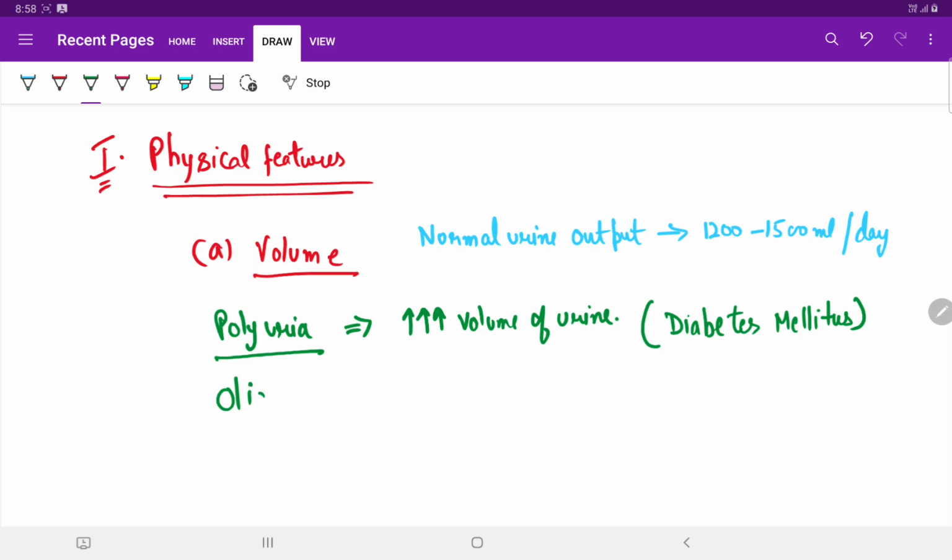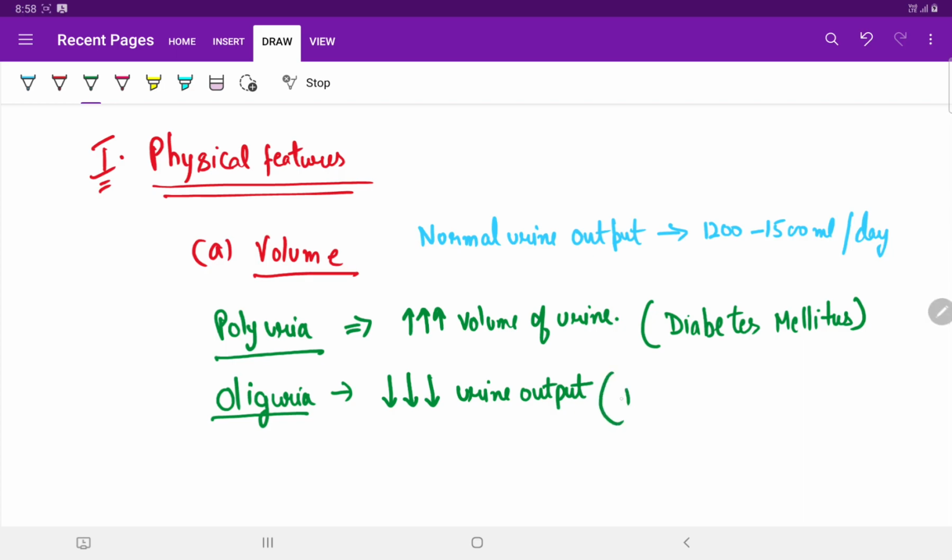The next one is oliguria. Oliguria implies decreased urinary output, the decreased urine output per day. It can be caused by restricted intake of fluids and other conditions such as diarrhea, vomiting, and gastric and intestinal suctions.